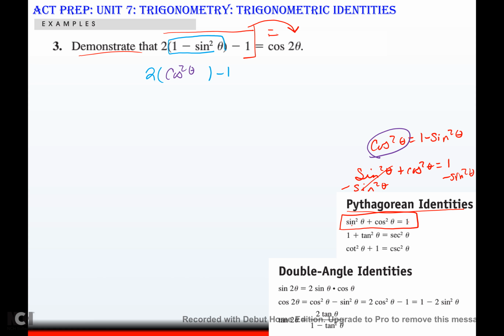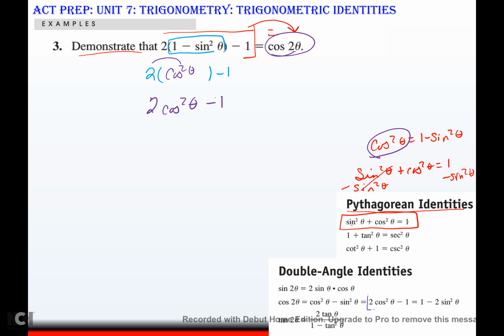Okay, so now if I simplify that, I distribute, I get 2 cosine squared theta minus 1. Well, how do I make this look like this? Anytime I see it multiplied by 2, I think double angle. So I'm seeing if I can find anywhere where it says 2 cosine squared theta minus 1.